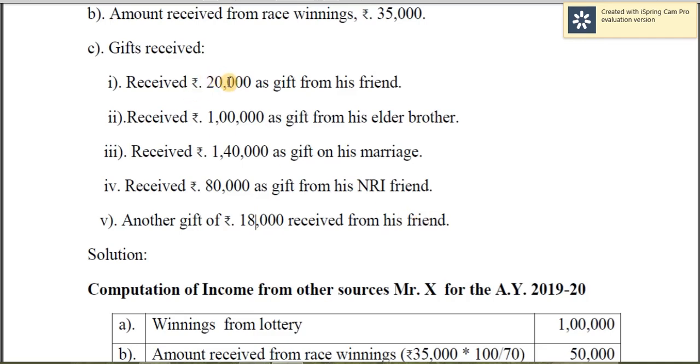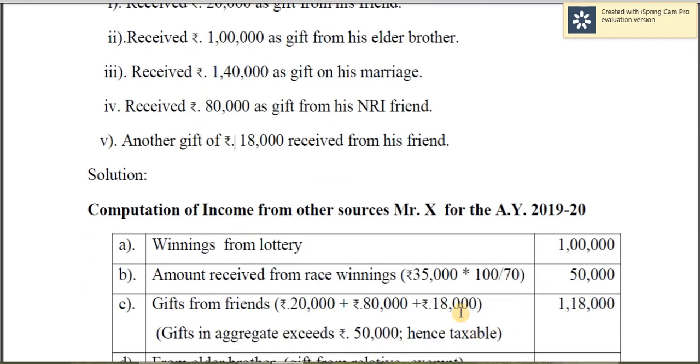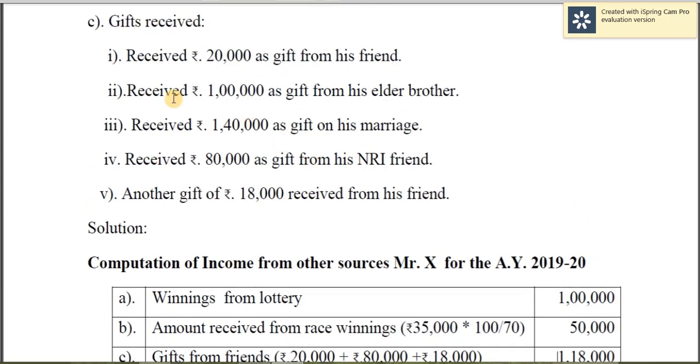If you take 20,000 individually, that is exempt, but 50,000 or more in aggregate is taxable. Therefore 20,000, 80,000 and 18,000 together, that is 1,18,000, is taxable. A gift of rupees 1 lakh from his elder brother: any gift received from a relative is exempt.